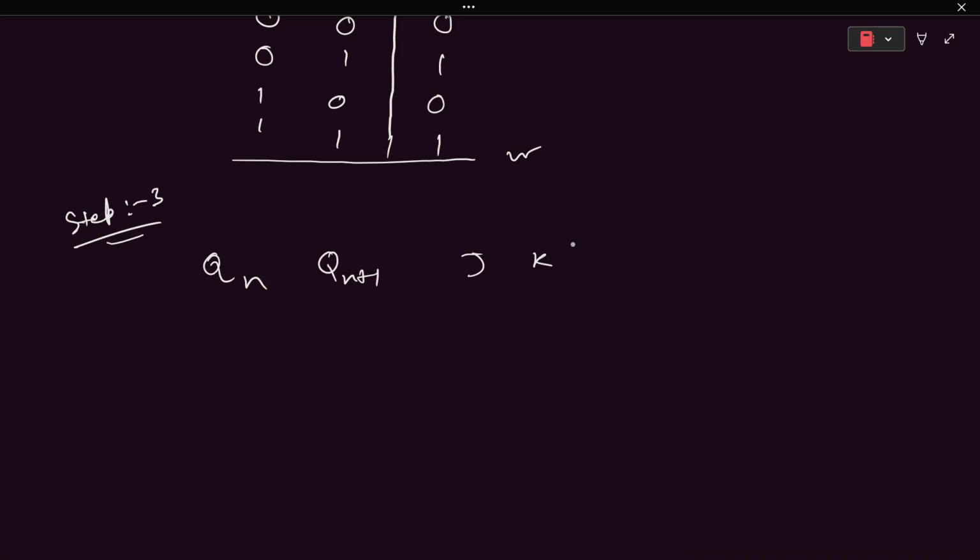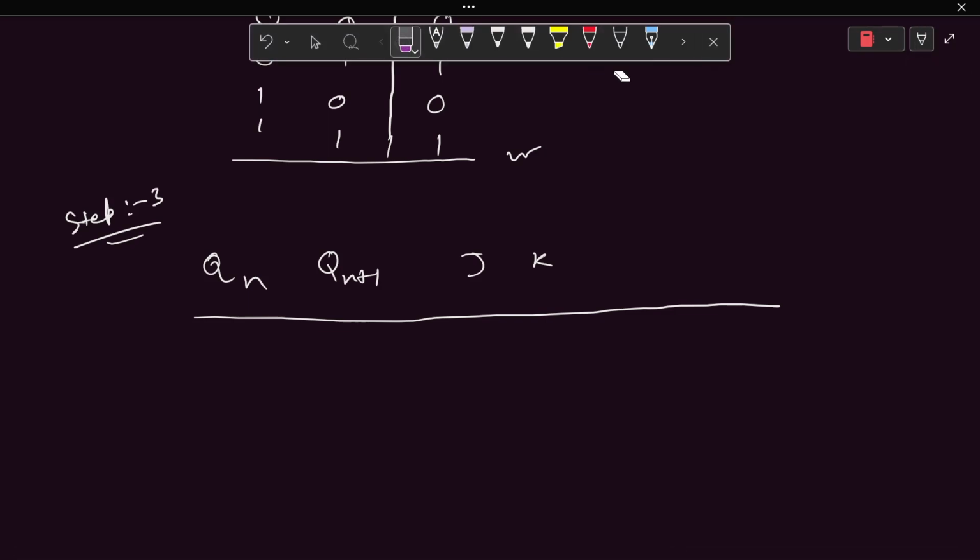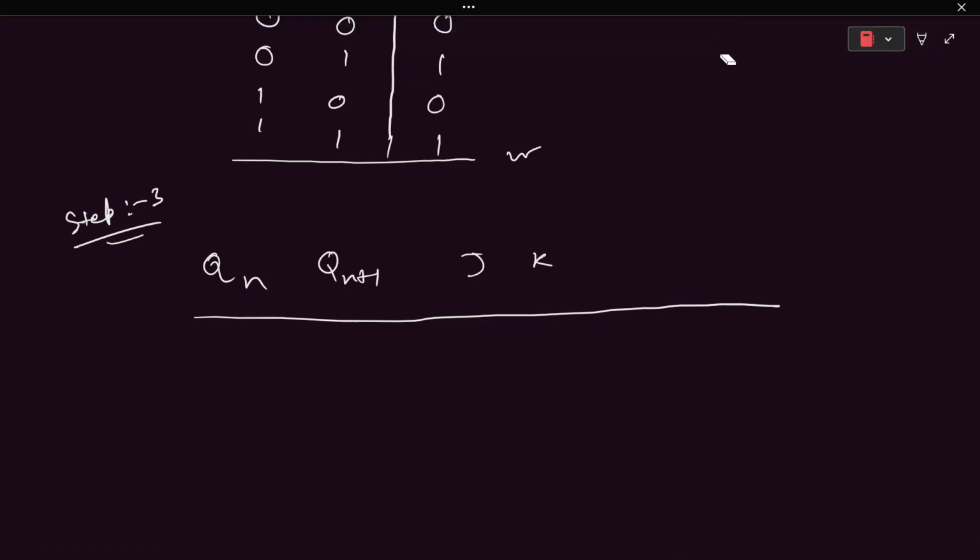Let's extend this table. That is not a problem for you all.